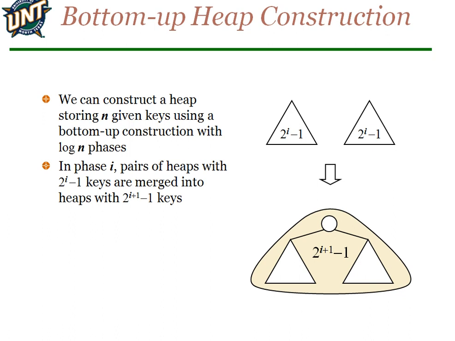Now let us see bottom-up heap construction. When we want to construct a heap in a bottom-up fashion, that means we are constructing a heap right from the leaf nodes towards the root node. So this is bottom-up traversing. We construct a heap storing n given elements.